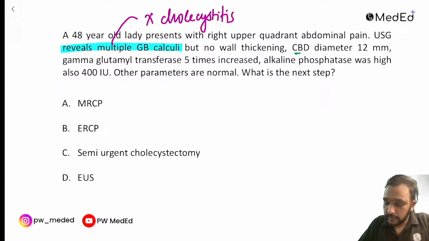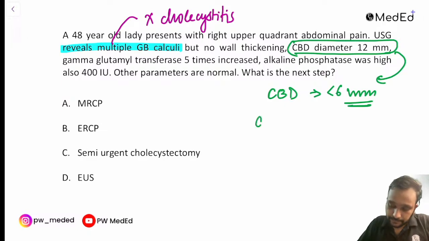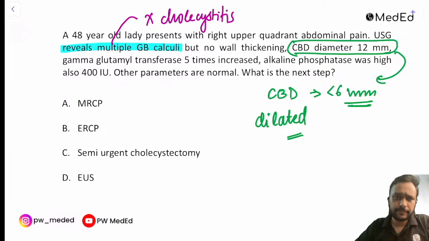CBD measures 12 mm. So guys, what is the normal caliber of CBD? Normal caliber of CBD is less than 6 mm. So it means that CBD is dilated in this case, right?